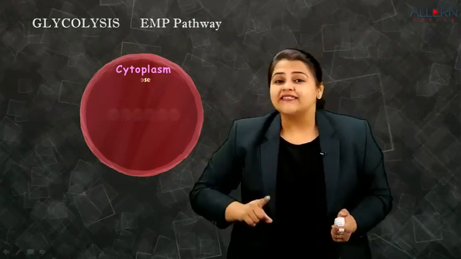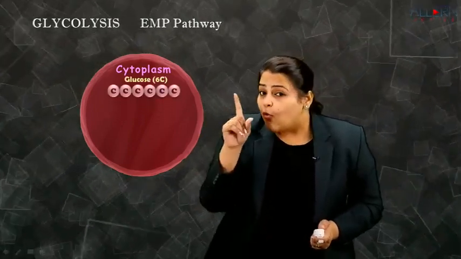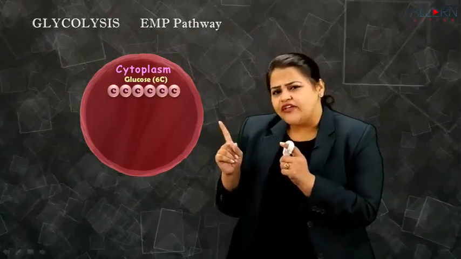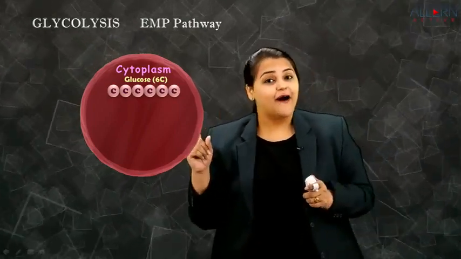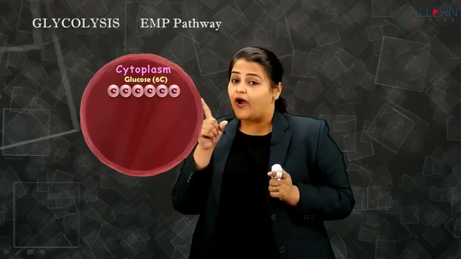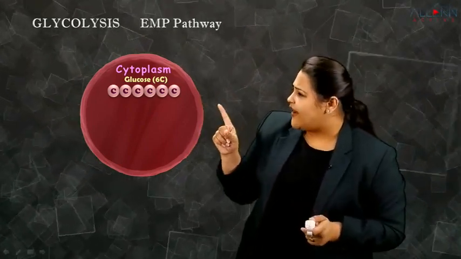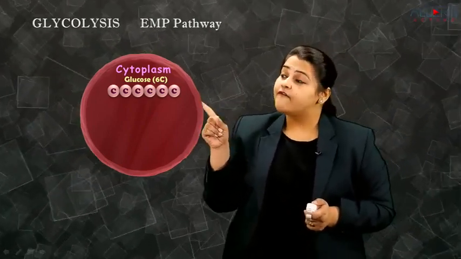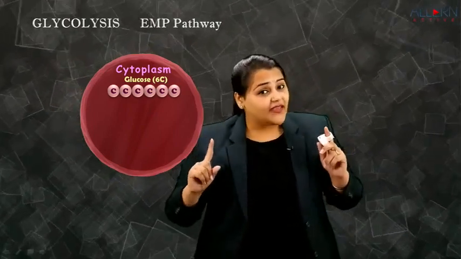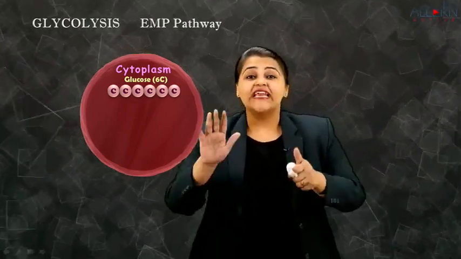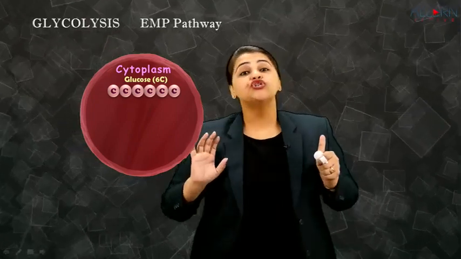Inside the cytoplasm of the cell, we have glucose. Can you see over here how many circles are present? Let's count: 1, 2, 3, 4, 5 and 6. So it means that glucose is a 6-carbon sugar.